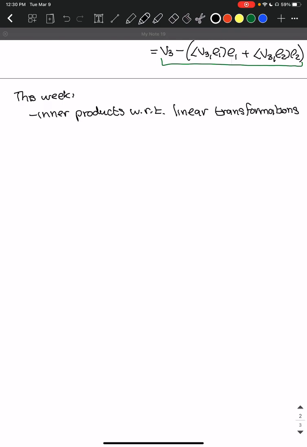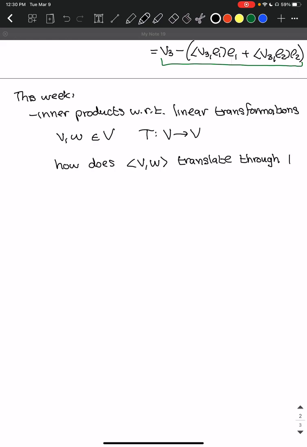And here essentially we're looking at if I have a v and a w in some vector space, and I have a linear transformation going from v to v, I want to see how this operation, the dot product, the inner product, translates through T. So I'm looking to see how my dot product changes as I move through my linear transformation.